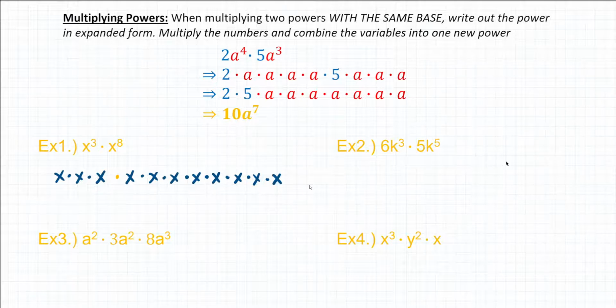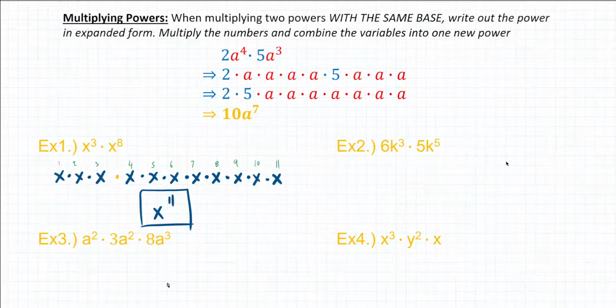There we go, that's x to the 8th. And now how many do I have altogether? Well, we got 1, 2, 3, 4, 5, 6, 7, 8, 9, 10, 11 x's. So this recombines to just be x to the 11th power. Box your answer, and there you're done.